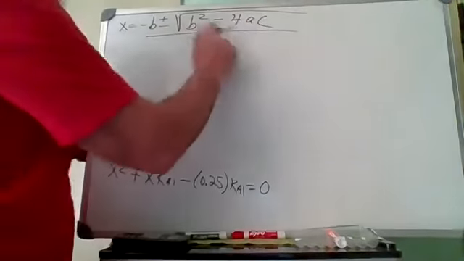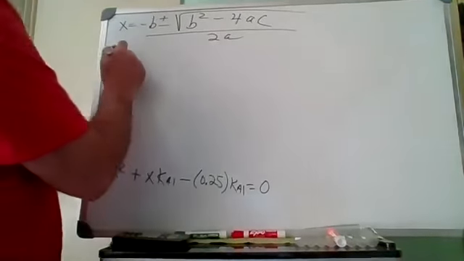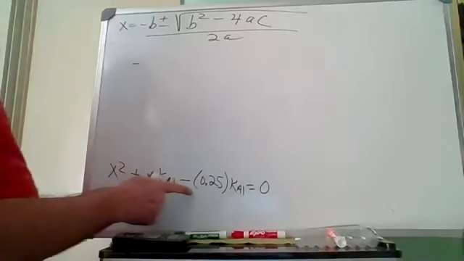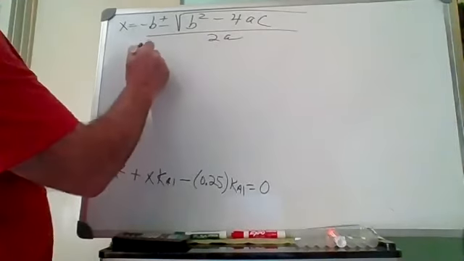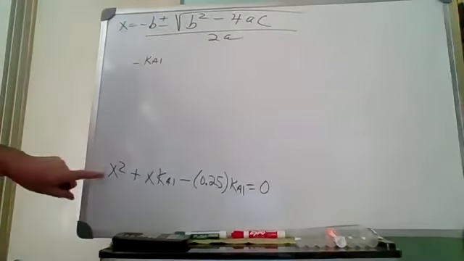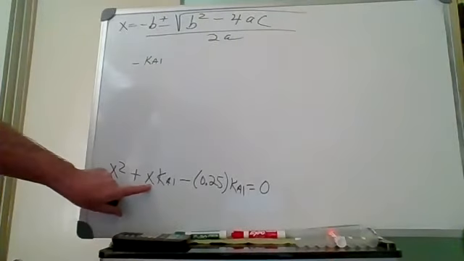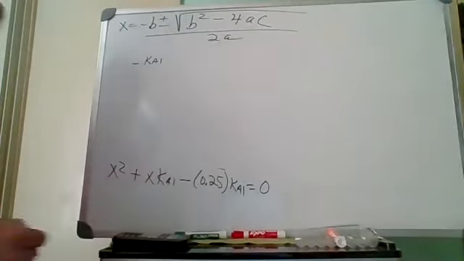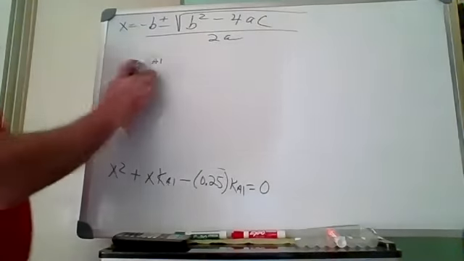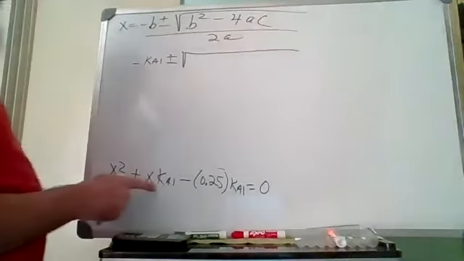Okay, here, let's make it lowercase a. So we can go ahead and plug in. Negative B is negative Ka1, right? Remember, A is 1, B is the coefficient on X, which is Ka1, and then here's C. So negative Ka1 plus or minus the square root of B squared.